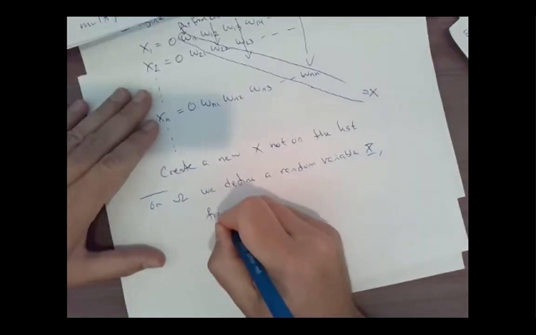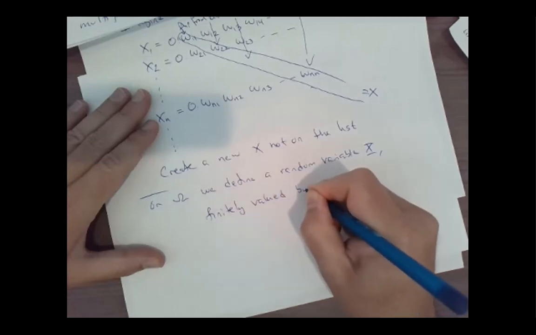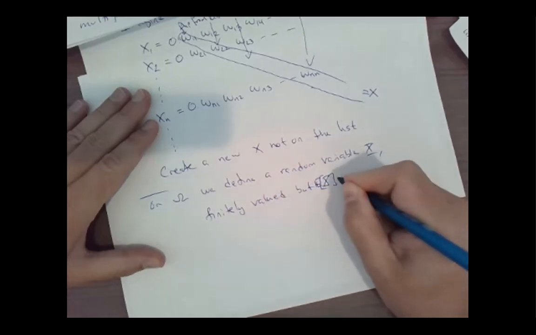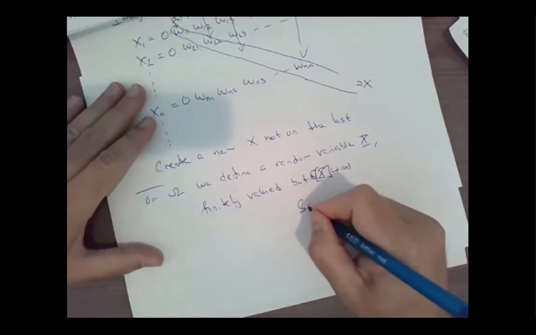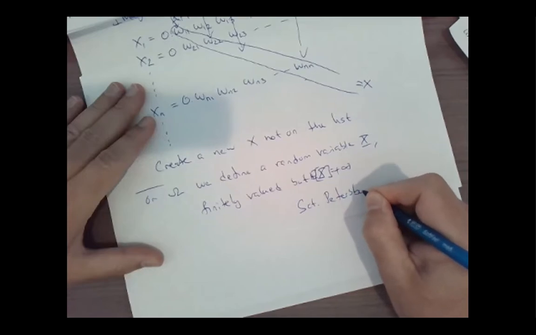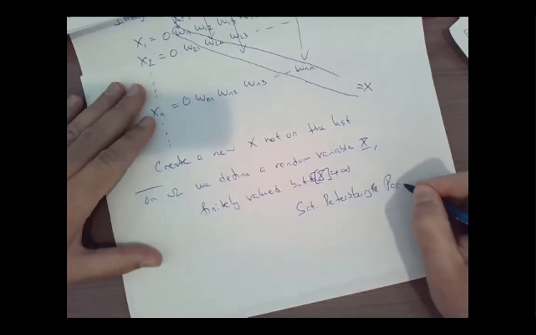It's finitely valued, but when I compute the expectation, it blows up to plus infinity. The textbook calls this one the St. Petersburg paradox.